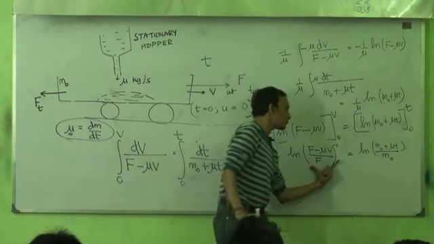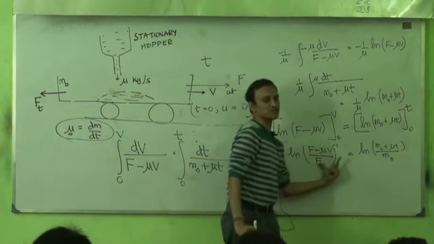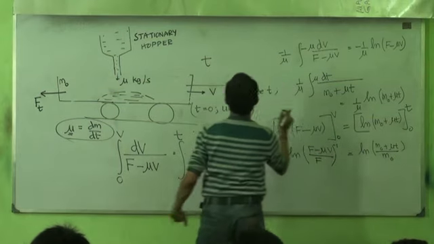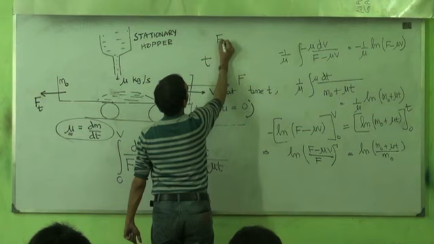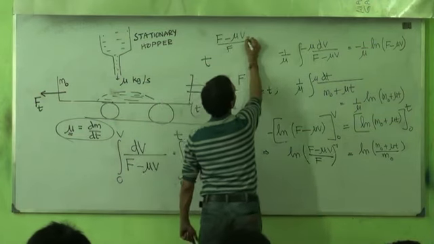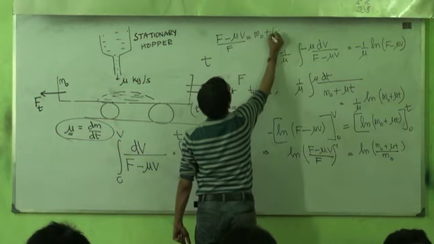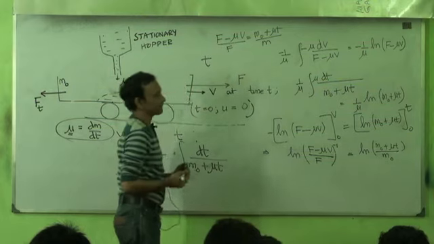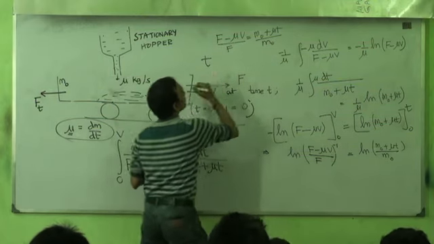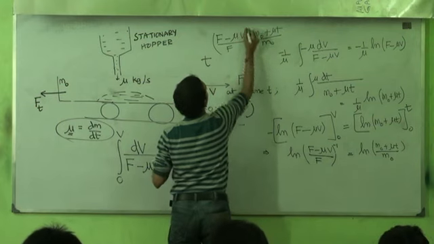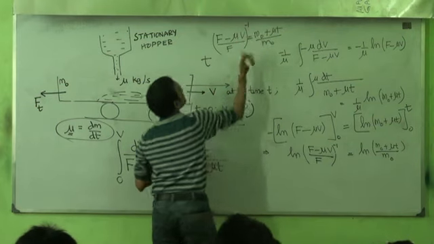So if log of a is log of b, that means a must be equal to b. So you can equate this to this, which is to say that F minus mu v by F equals m naught plus mu t by m naught, to the power minus 1.